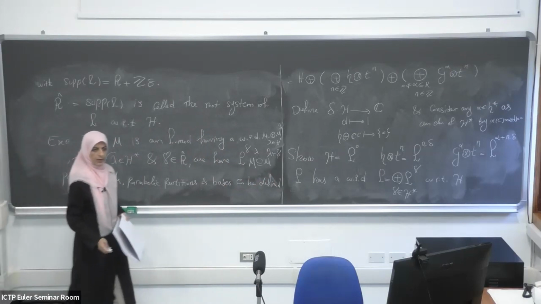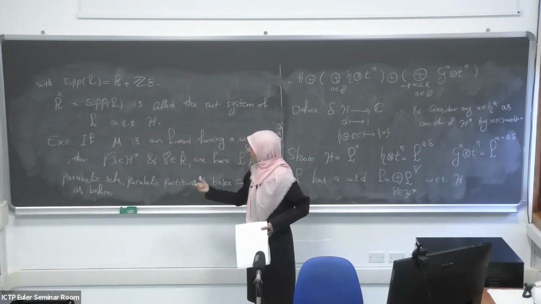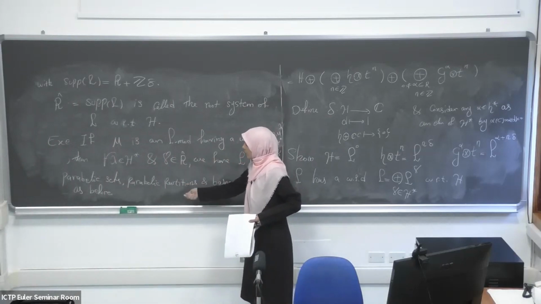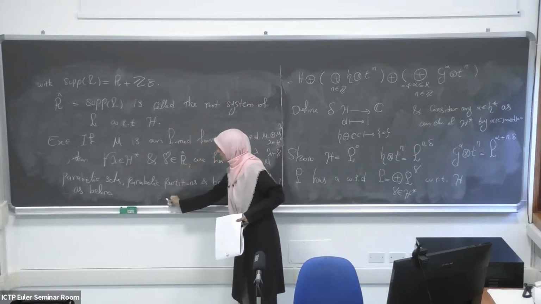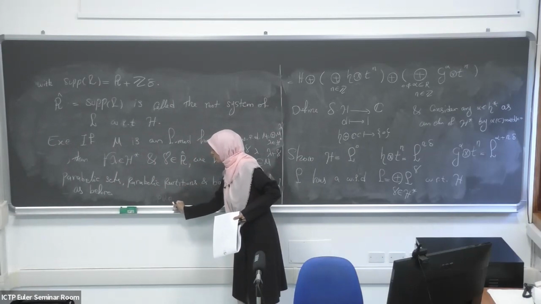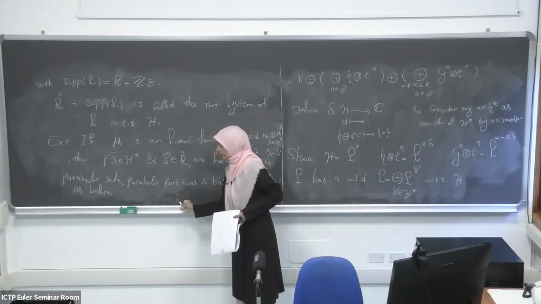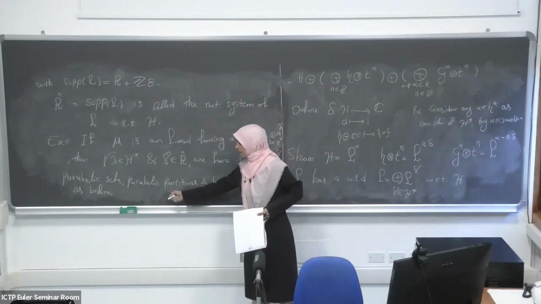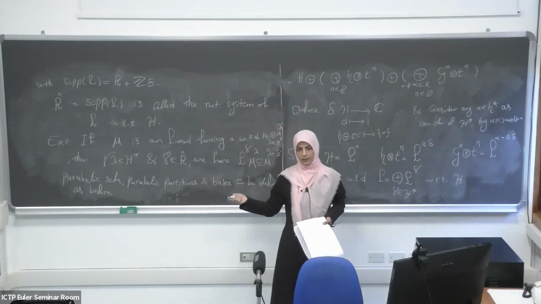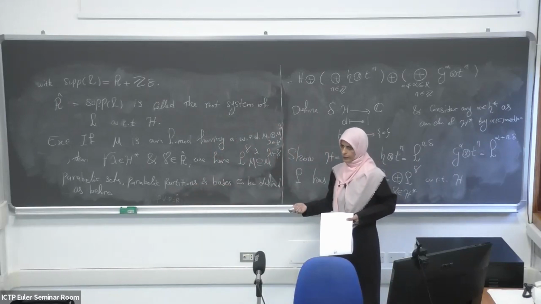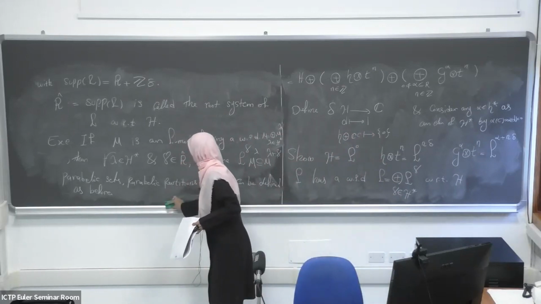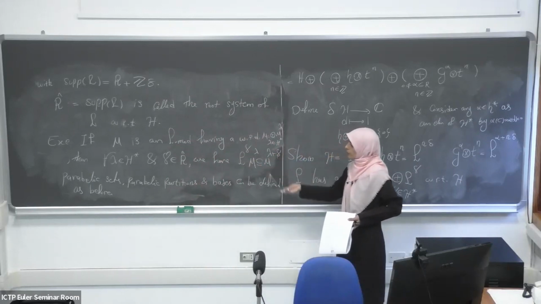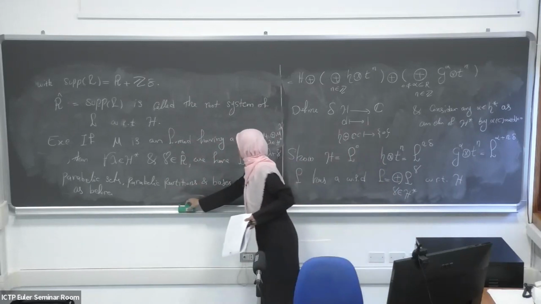A parabolic set is a subset of R hat. When we say P is a parabolic subset of R hat, it means that P union minus P is just R hat, and it is closed in the sense that P plus P intersection R hat is just a subset of P. You remember the definition, yeah? Okay. So we can define parabolic sets, parabolic partitions, and bases.